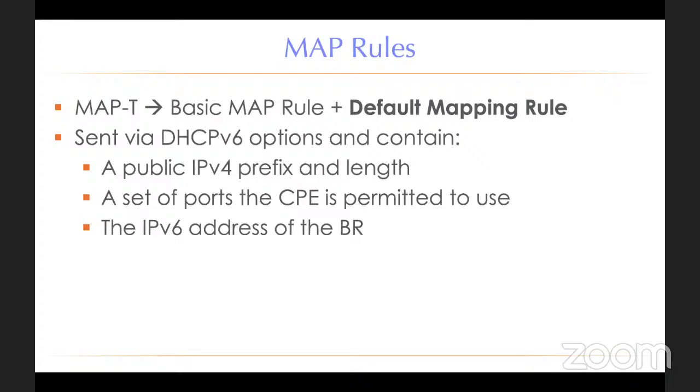So this is the key difference with MapT, whereby the default mapping rule contains what we call either the prefix 64, which is usually either a network specific prefix, which you as an operator specify, or it can be a well-known prefix.